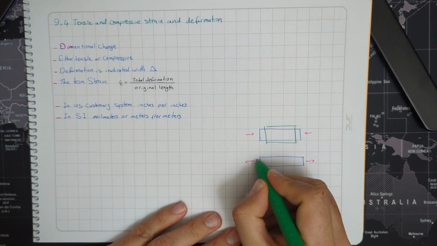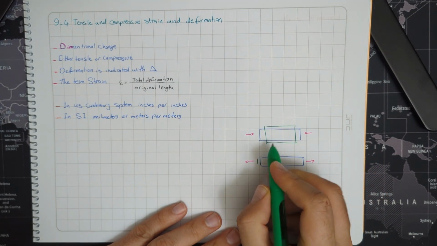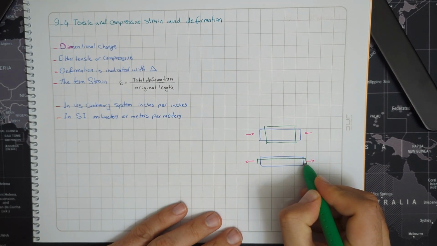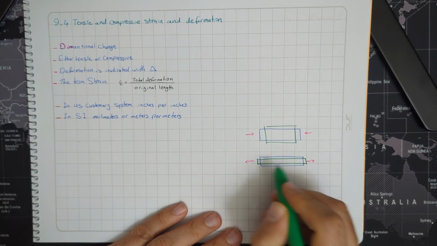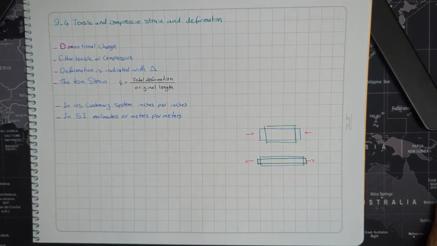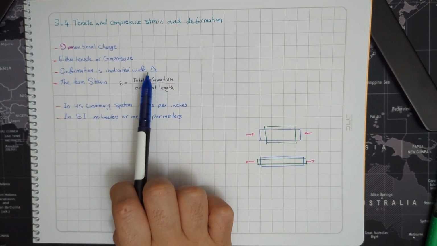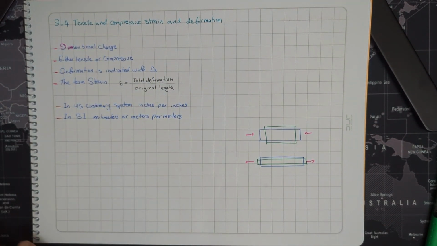And if it is under tensile, it's gonna elongate. All right, and deformation is always indicated with the Greek letter delta, and this is really important from now on.